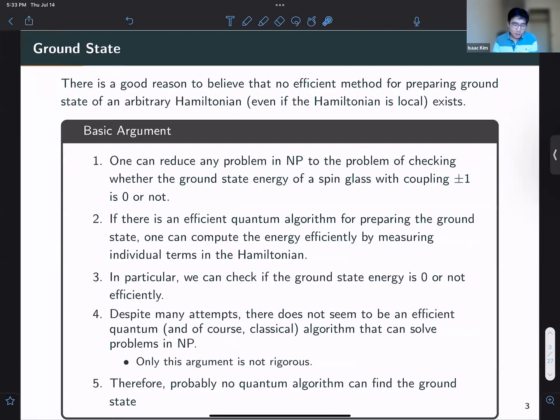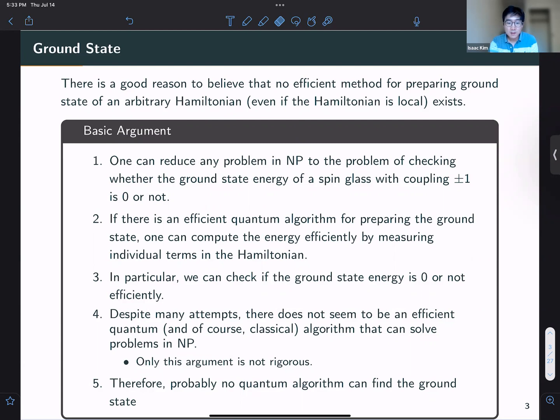I'd like to point out that for some of these problems, there are good reasons to believe that you shouldn't expect there to be a general purpose, efficient, classical, or even quantum algorithm to solve these problems. So here's the basic argument. I'll just go through this. It turns out that there's a mathematical fact so that you can reduce any problem in NP.